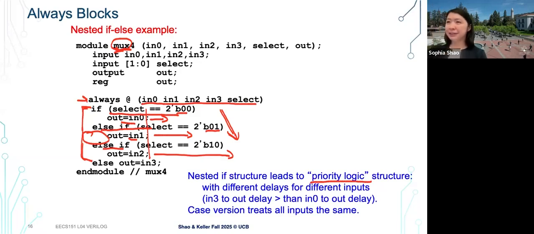Oh, you're saying what if you don't do else here, and you just have 4 parallel ifs. You have if select is 0, output gets input 0, and then in parallel you have another if statement that says if select is 1.